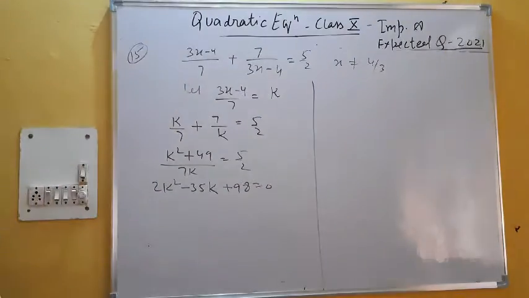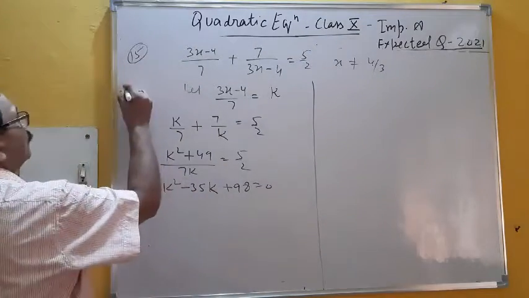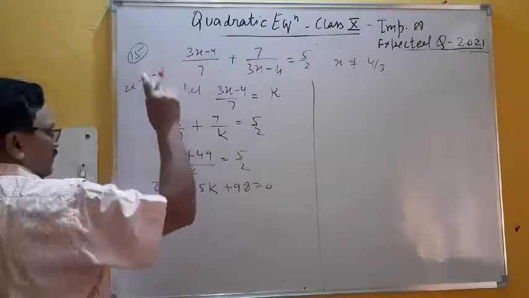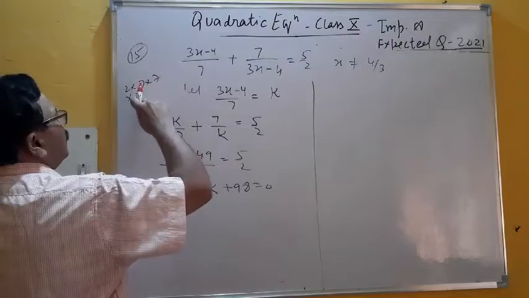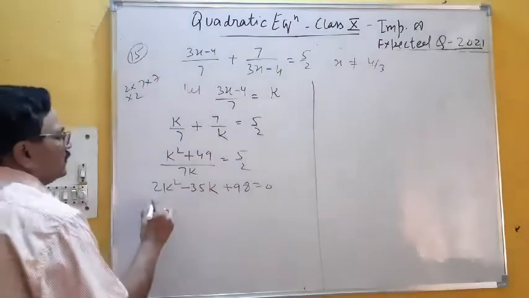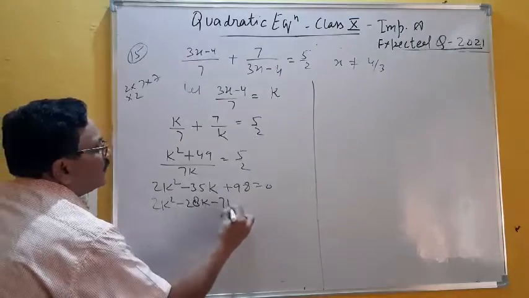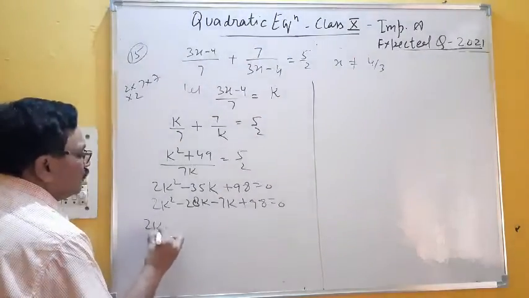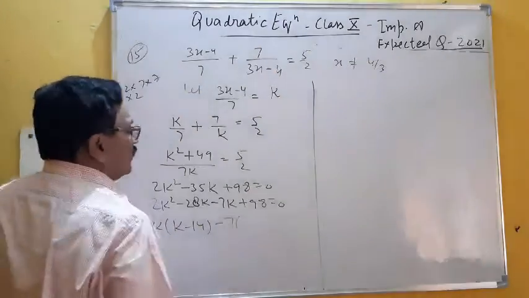Now you solve; it's your choice again. 98 is 2 into 7 into 7. What is required is 35, split as 28 plus 7: 2k square minus 28k minus 7k plus 98 equal to 0.